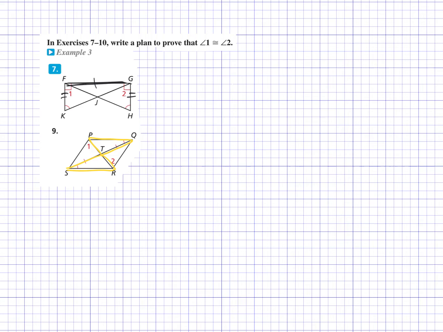So PQ is parallel to SR because of alternate interior angles converse. We can make them parallel. So if they're parallel, then you also have this transversal and these two angles being congruent.